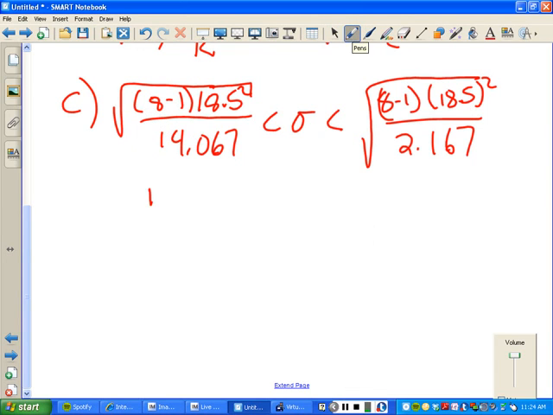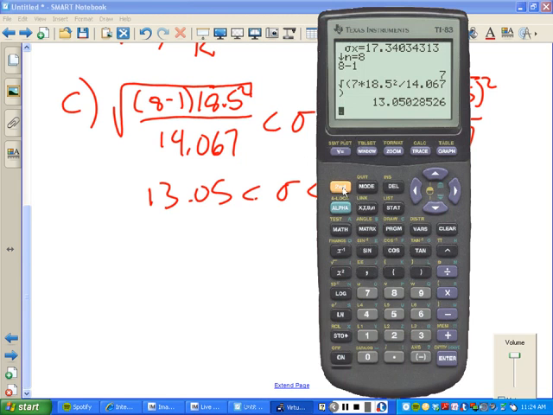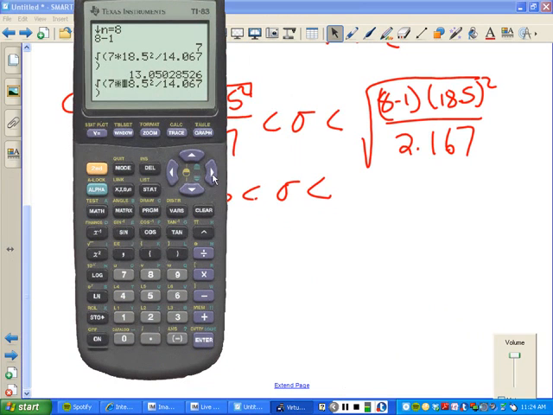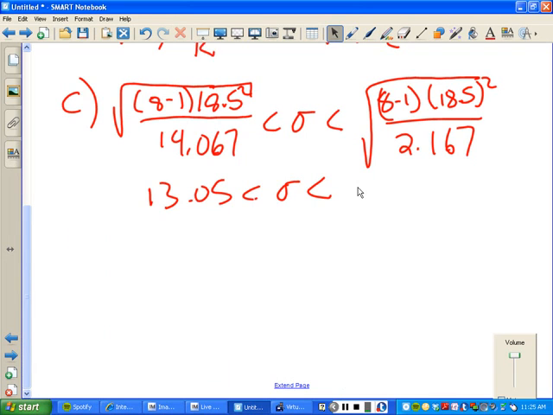So this side is 13.05, less than sigma, which is less than this side over here. Not quite as easy as the other one where you just change the sign, but we can make this happen. 2.167. Okay. 33.25.